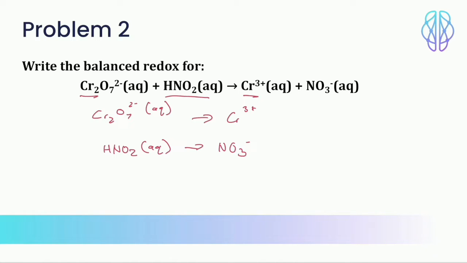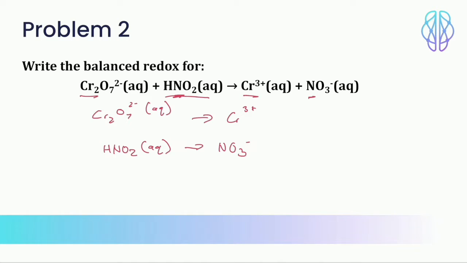So I'm going to follow through the chromium for our first half reaction and see where it's gone, and same for the nitrogen going over to the nitrogen in our nitrate ion. Now the first step following our acidic reactions is balancing everything other than hydrogen and oxygen. What that's going to look like is we start off at the top, we've got 2 chromiums here, and we're not worrying about balancing our oxygen yet. We'll come to that later.